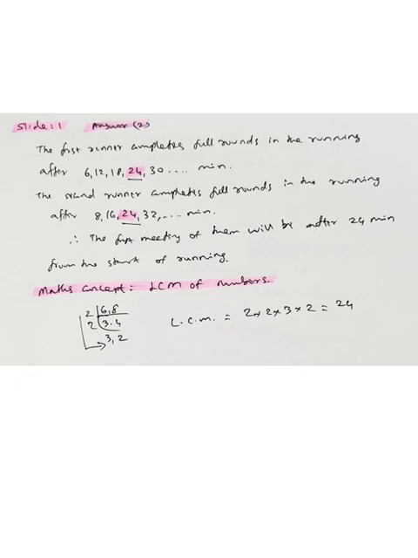The second runner will do the same thing in the minutes 8, 16, 24 and 32. So if we compare the time charts, the first coincidence of time occurs at 24. Therefore, the first meeting of the two runners will be after 24 minutes from the start of running.